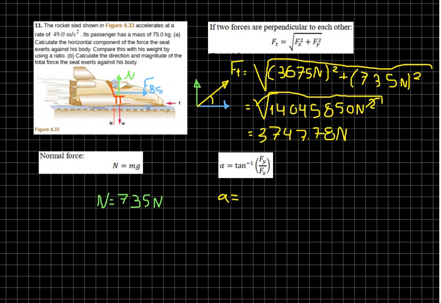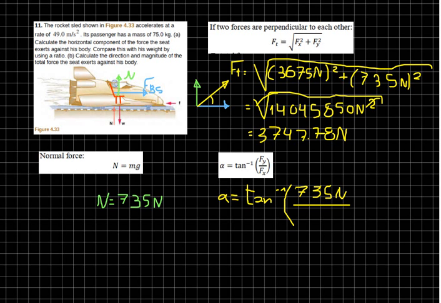And we have to calculate the inverse of the tangent of the division of the vertical force, which is 735 newtons, and the horizontal force, which is equal to 3,675 newtons.